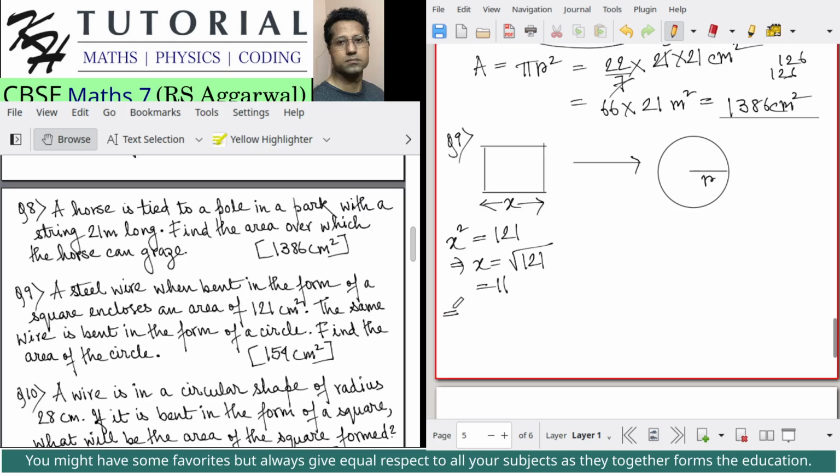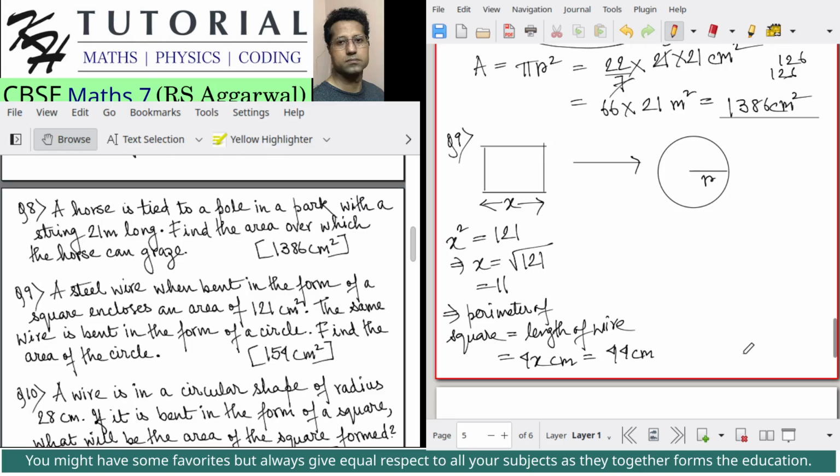So the perimeter of the square, which is equal to the length of the wire, will be equal to 4x centimeter, which will be equal to 44 centimeter.